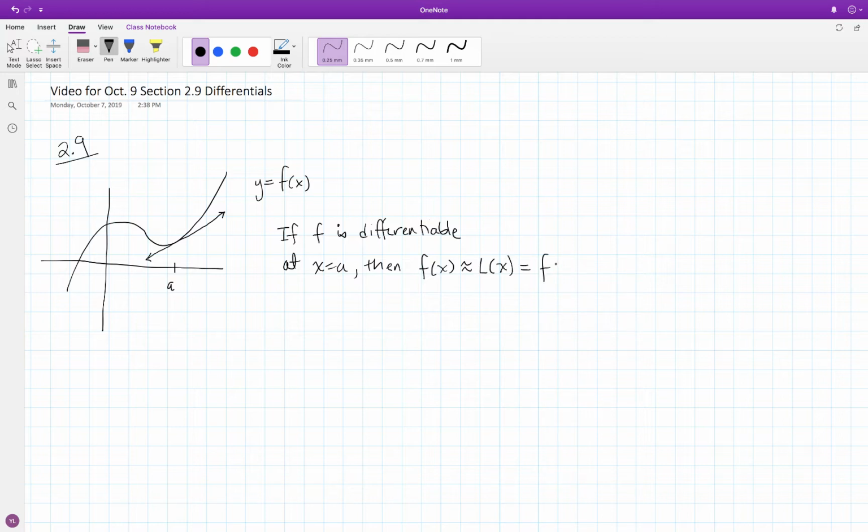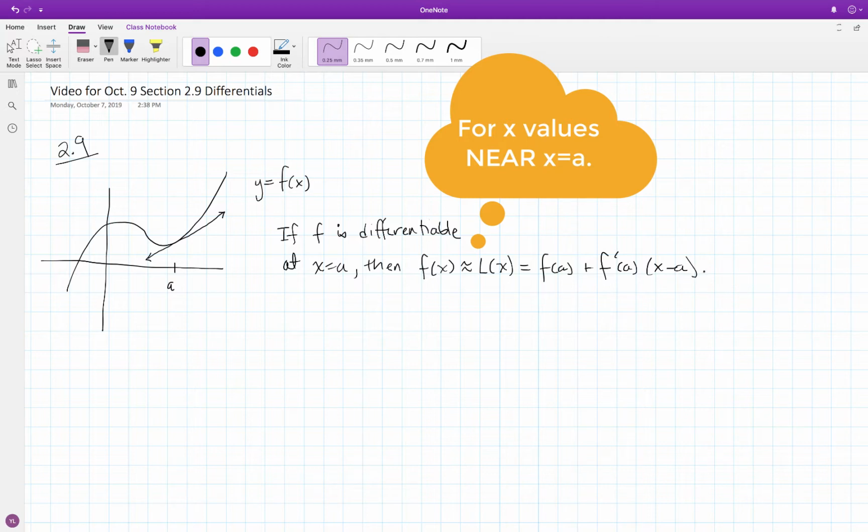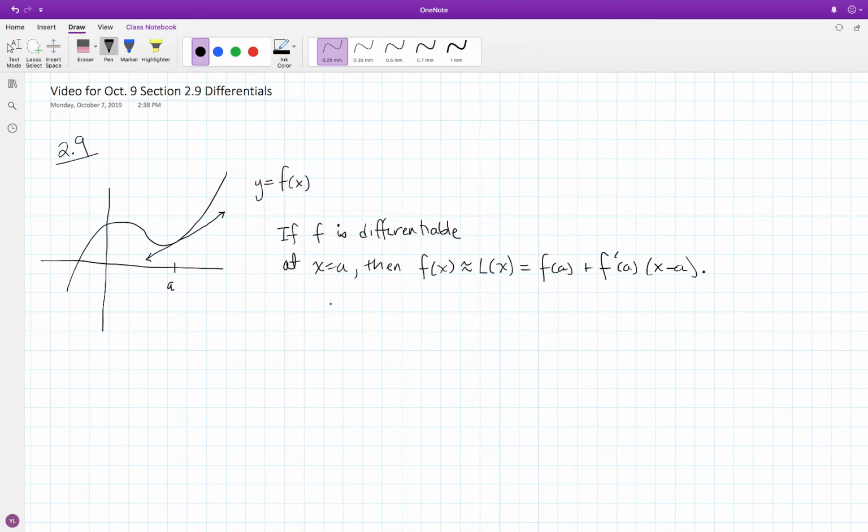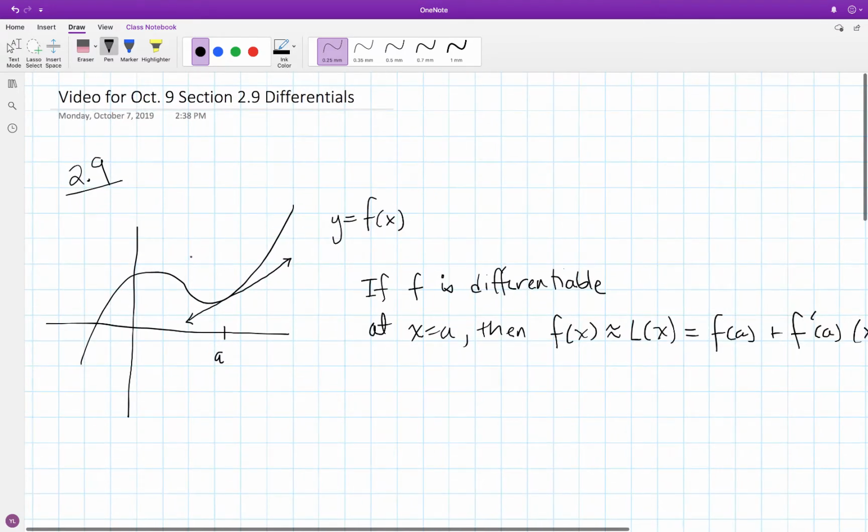In other words, f of a plus f prime of a times x minus a. Okay, so it's the same idea, as I said, that we're going to do today. We're just going to change up the notation slightly.